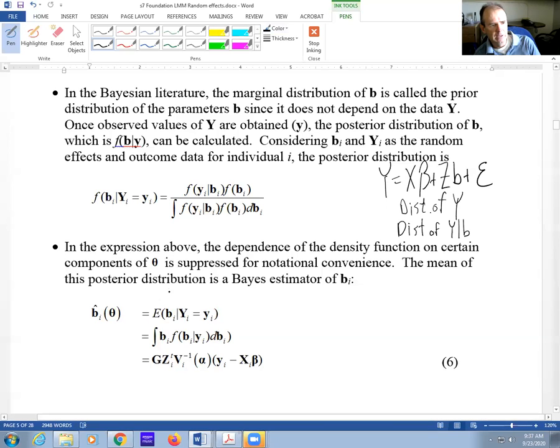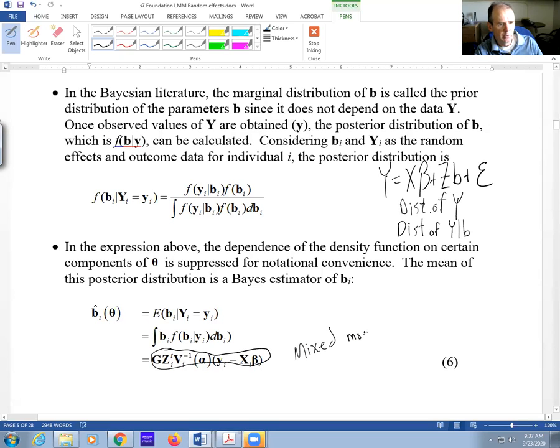And if we look at the mean of the posterior distribution, then we have a natural formula to estimate the random effects. So here, what we end up with is based on the mixed model that I wrote above.